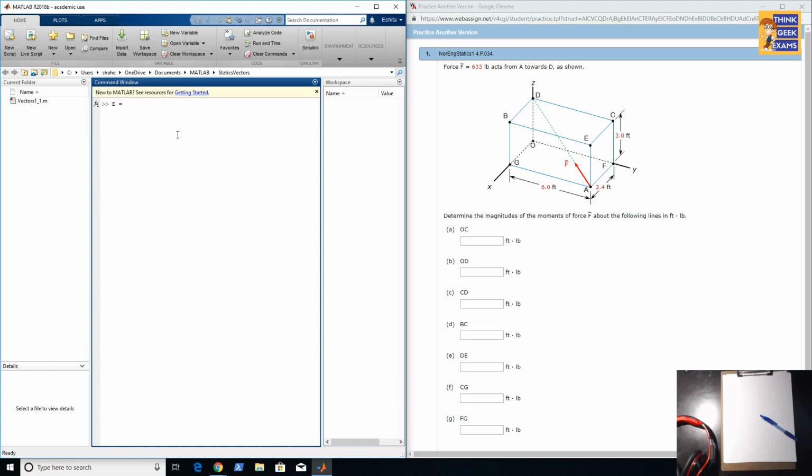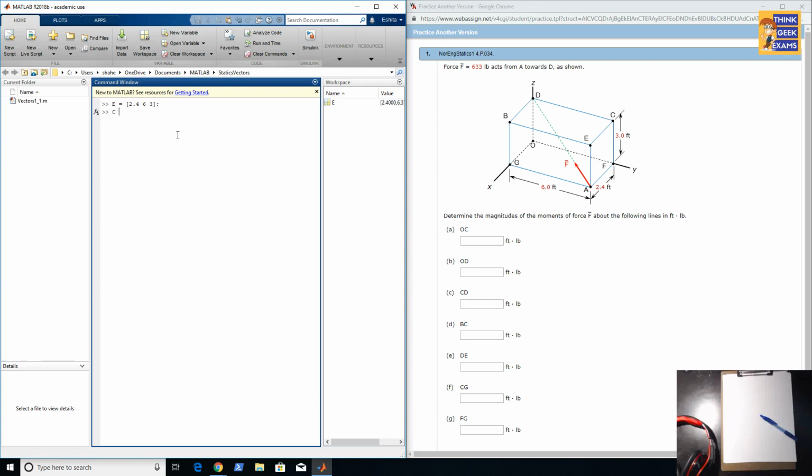Let's start with the furthest coordinate. It's E, and we're going to put it in feet: 2.4 feet in the X, 6 feet in the Y, and 3 feet in the Z direction. And I'm not going to print it out. So let's do C after that.